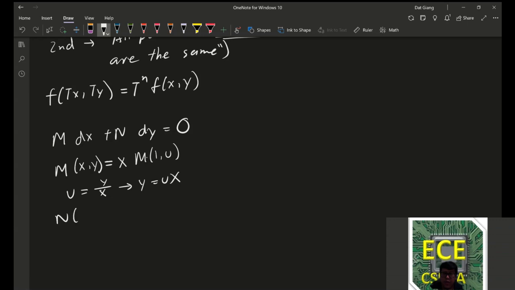Or we can do N, which is also dependent on x and y, equal to a function of 1 and v, where v is equal to x over y, or such that x is equal to vy. Either method is the same for both of us.